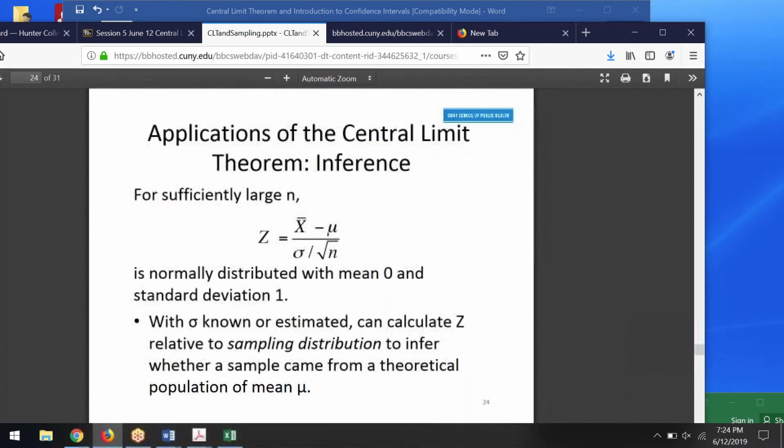Well, what does that do for us? That does a few things for us. That also lets us figure out what the likelihood is that we would get a certain value or proportion or certain mean given that our population is unknown.